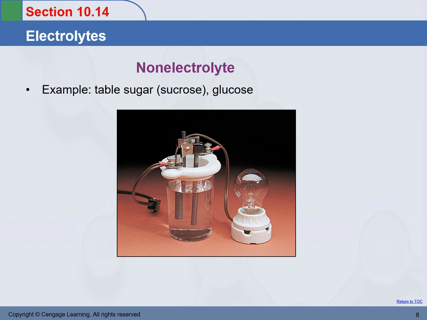A couple of examples for non-electrolytes: solutions of table sugar, glucose. These are solutions of molecular compounds. These molecular compounds are not like the Arrhenius acids. Arrhenius acids are molecular compounds.